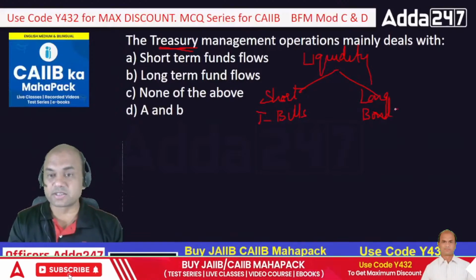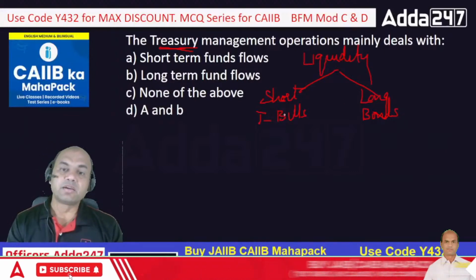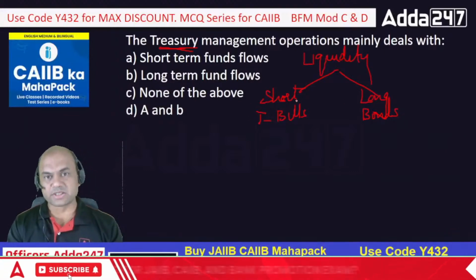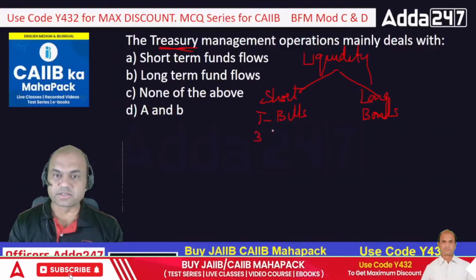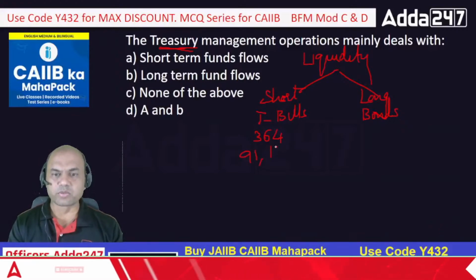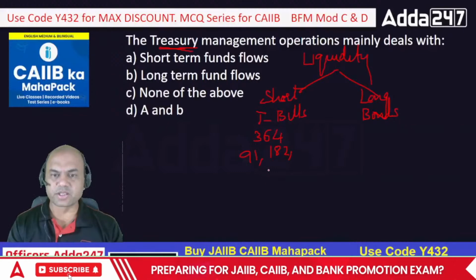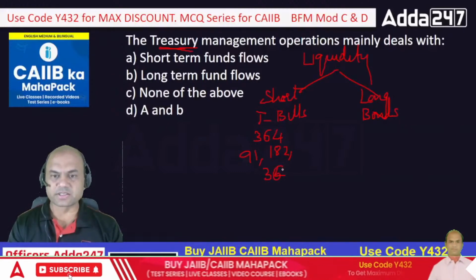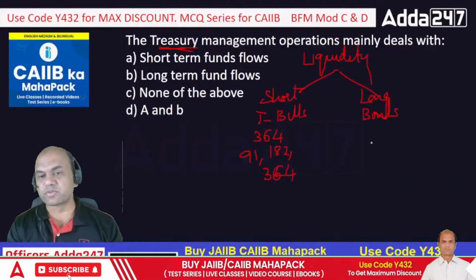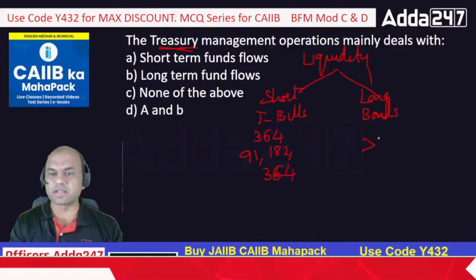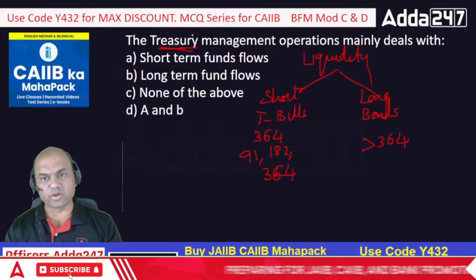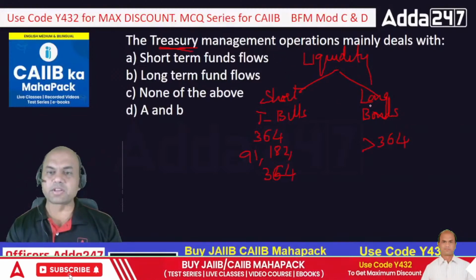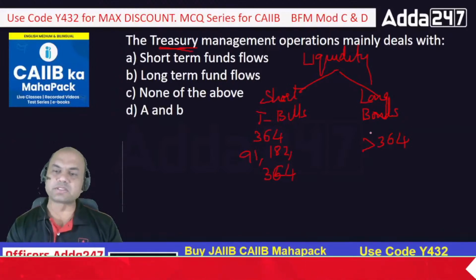T-bills are government securities for a maximum of 364 days. There are three terms, 91, 182 and 364 days. More than 364 days is called bonds. So in treasury, I have to manage liquidity both short term and long term, dealing in both T-bills and bonds.